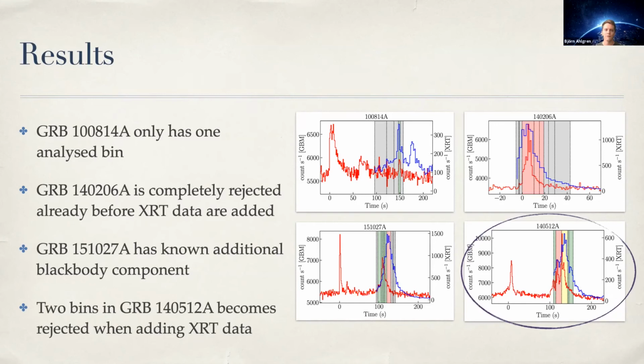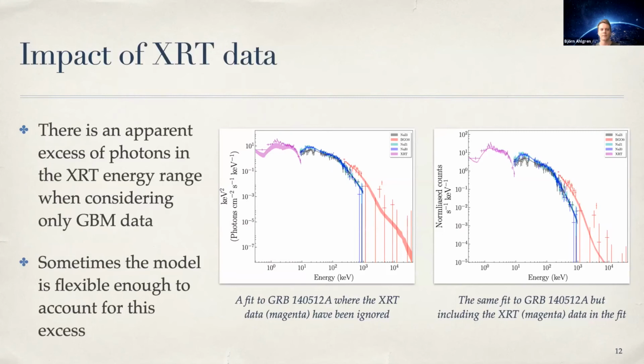So if we look at fits to the first rejected spectrum in this burst, these figures show the 1 sigma posterior credibility band in count space for this rejected time bin of this burst. And the left figure shows a fit to only GBM data, and then the XRT data in magenta have been added post-fit and the corresponding model predictions as well. And on the right-hand side, we see the fit to all the data jointly.